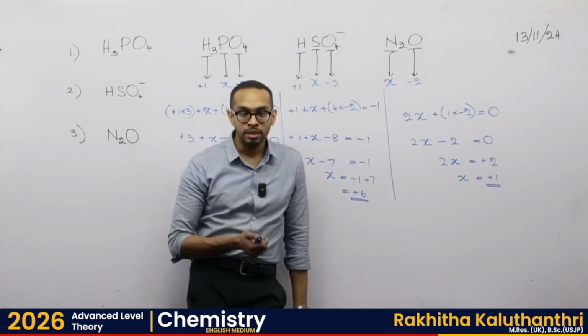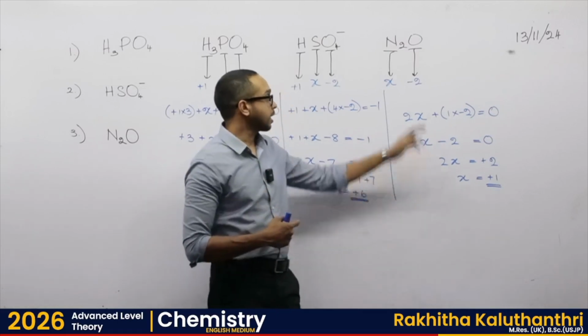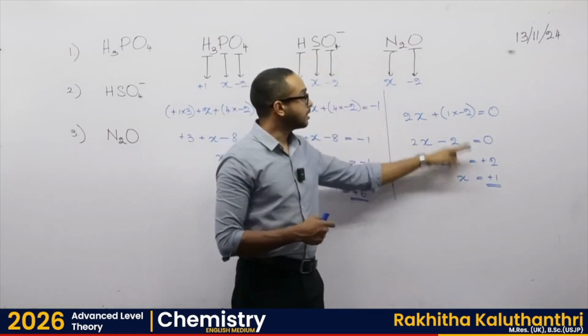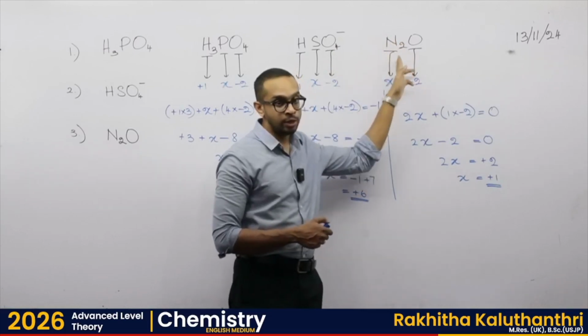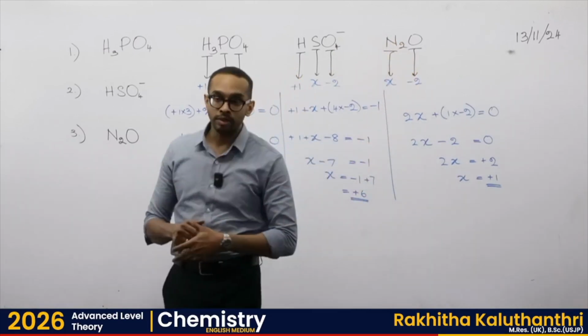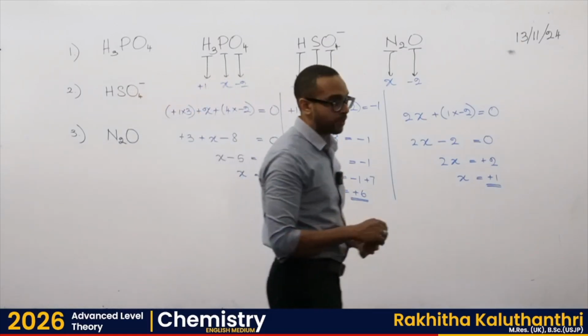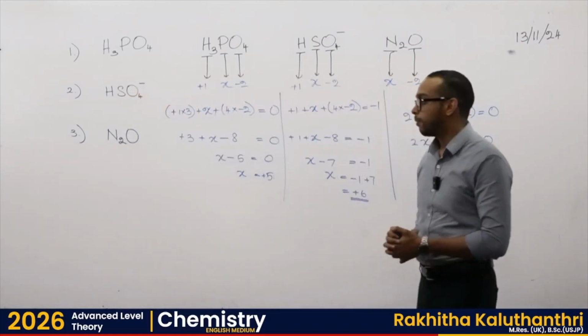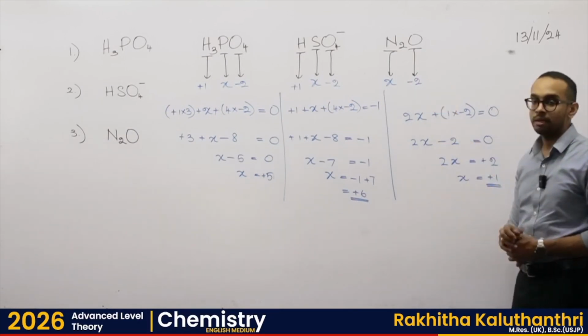In this particular case, all the rest is correct. But the 2 nitrogen atoms in N2O do not have the same oxidation number. So both nitrogens are not actually +1 oxidation state.